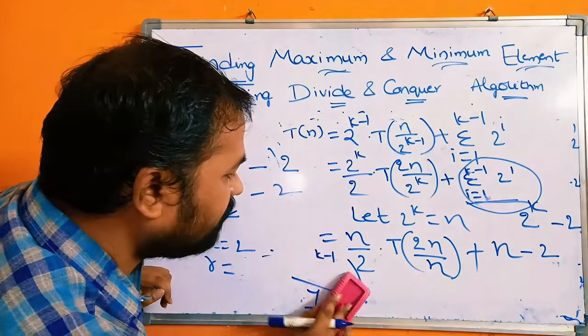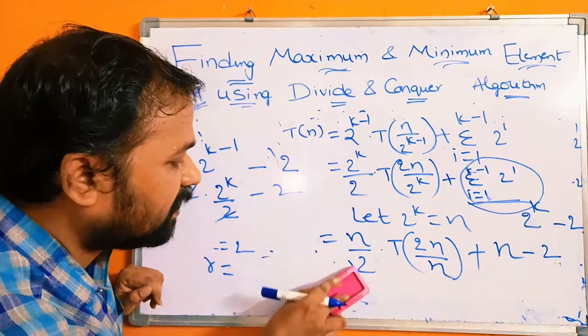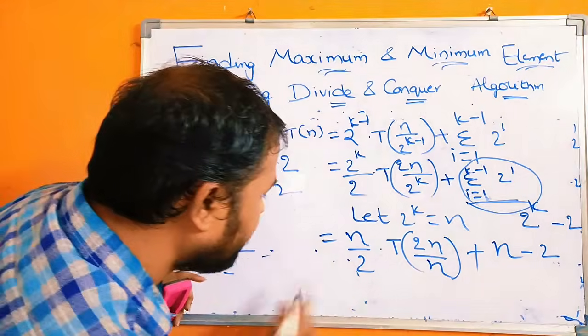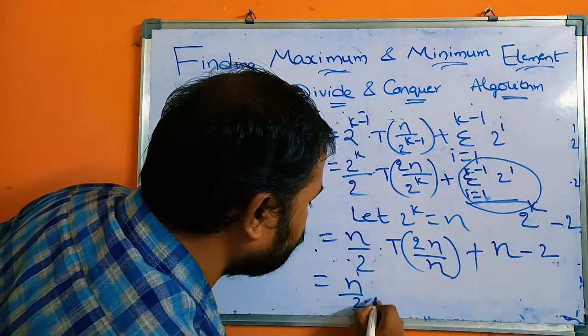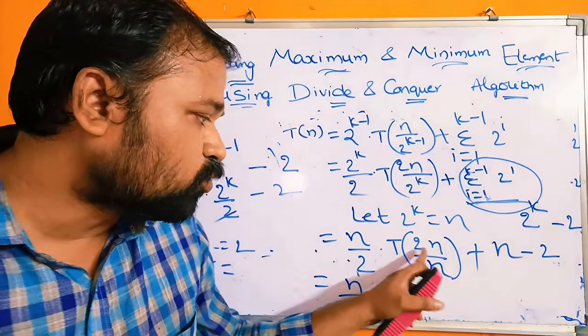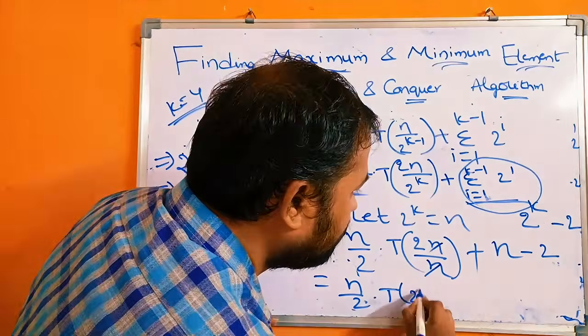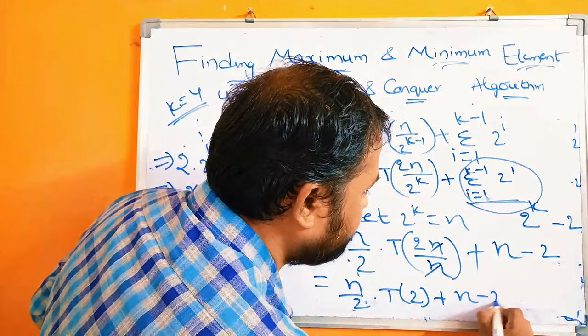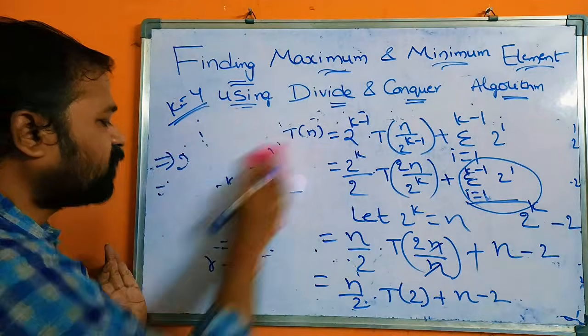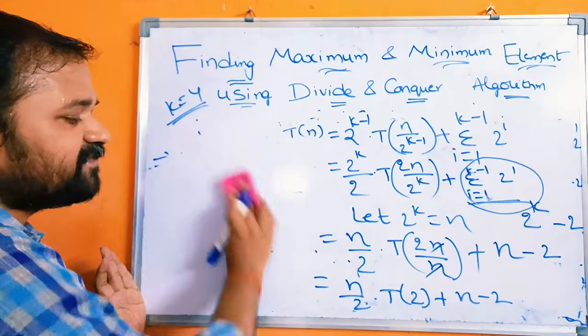So now let us solve this one. Here we have n by 2 into T of 2n by n, so we can cancel this n, and T of 2, plus n minus 2. We know the formula for T of 2, so already we have calculated that.